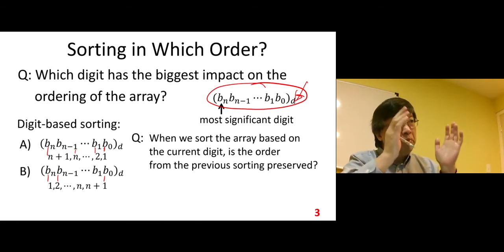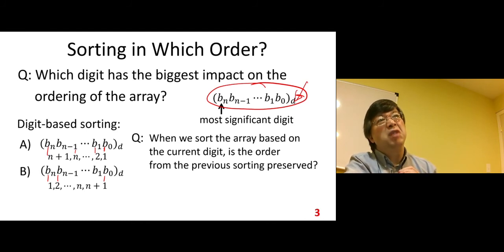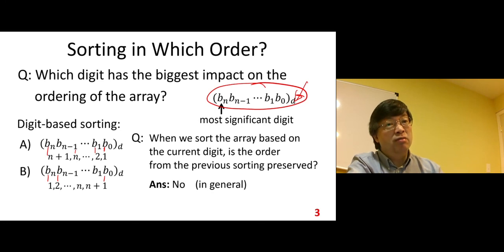Based on our intuition, and intuition is important, because when we think, most of the time we rely on intuition, the answer seems more likely to be no. How can you preserve the order of the previous sorting? So in general, the answer is no.